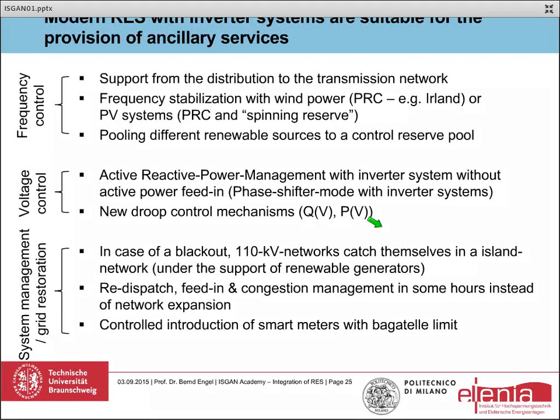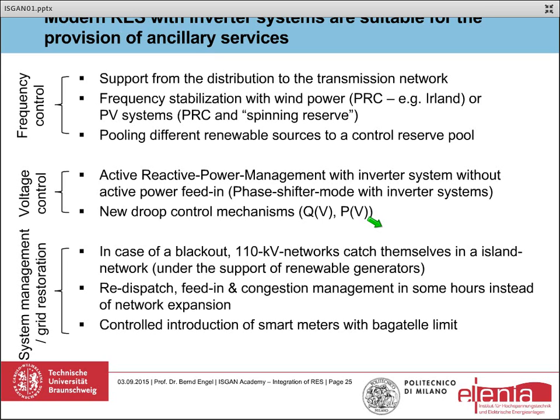As a conclusion, we can state that modern renewable energy sources with inverter systems are suitable for the provision of ancillary services. So the frequency control can be provided in the distribution and the transmission network.